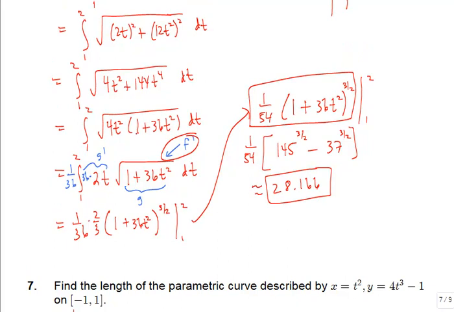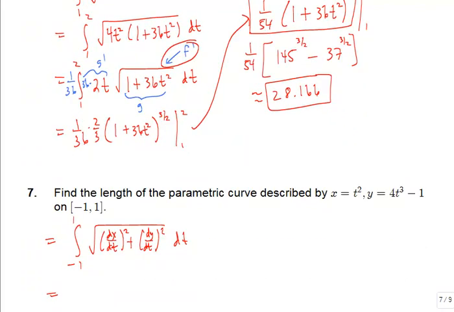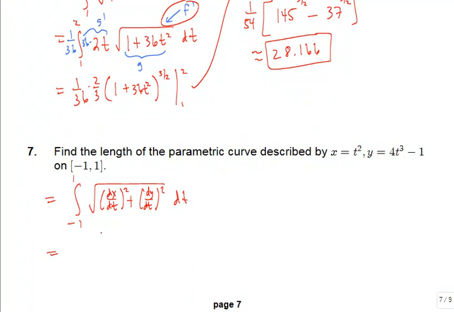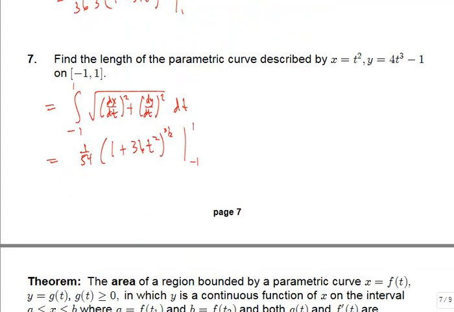The only thing that's different between this problem number 6 and the one we're doing is we have different bounds. So I'm still going to get that 1 over 54 and that parentheses 1 plus 36t squared raised to the 3/2, but this time I want to look at it from -1 to 1. Now notice something that happens here.